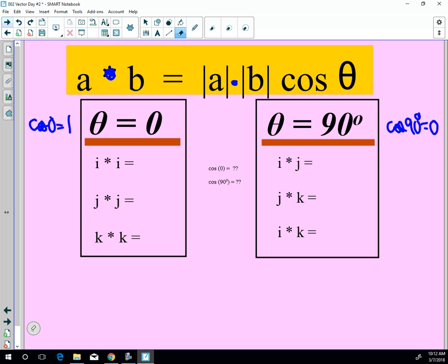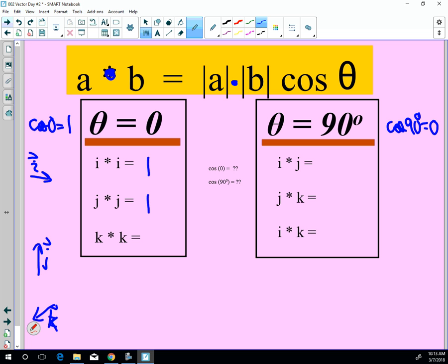So i is a vector in the x direction, j is a vector in the y direction, and k is a vector in the z direction. So i dot i are in the same direction. What's the cosine of 0? 1, right? What's j dot j going to be? 1.